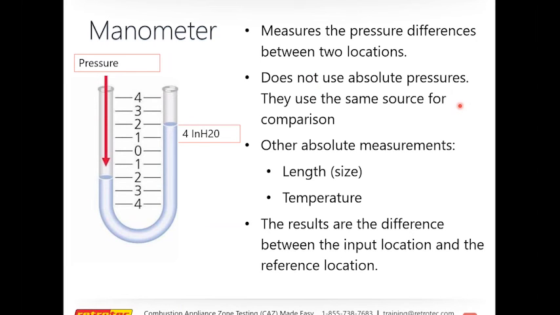But let's not lose sight of the fact that even though the gauge does not use absolute pressures, they still are important. So what are absolute pressures? I'm going to talk a little more about that because absolute pressures will come into play during our setup. Some absolute pressures are length and temperature. Essentially, if you are 2 meters tall, or 6'6" for the rest of us, it doesn't make any difference where you are or what size house you're in, you're still 6'6".